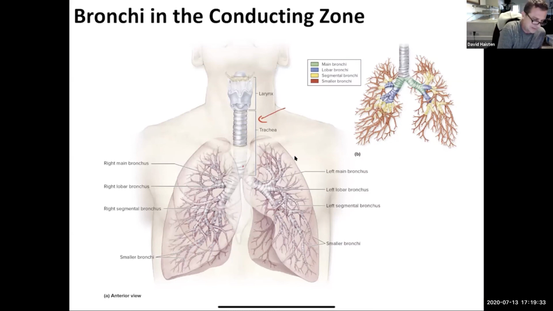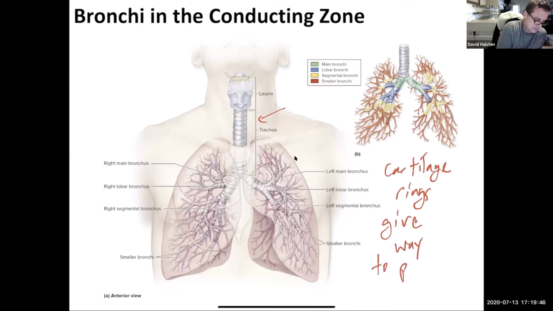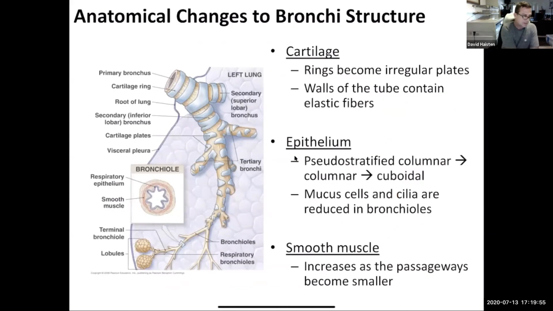This is all hyaline cartilage. So you're going to see that you have C rings down the trachea and then complete rings around your main bronchi.